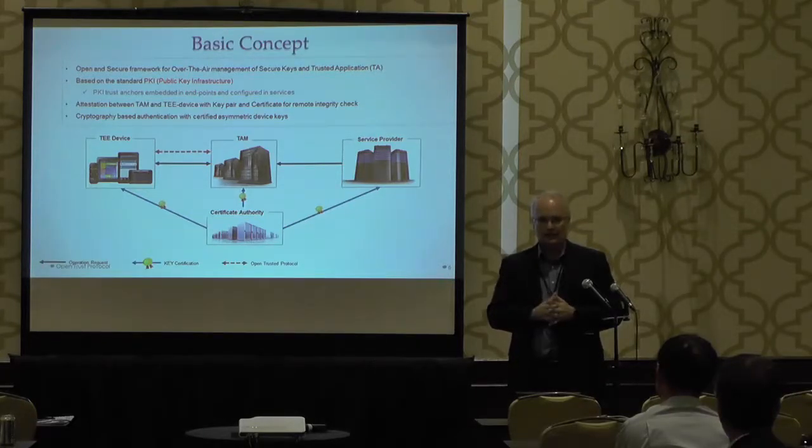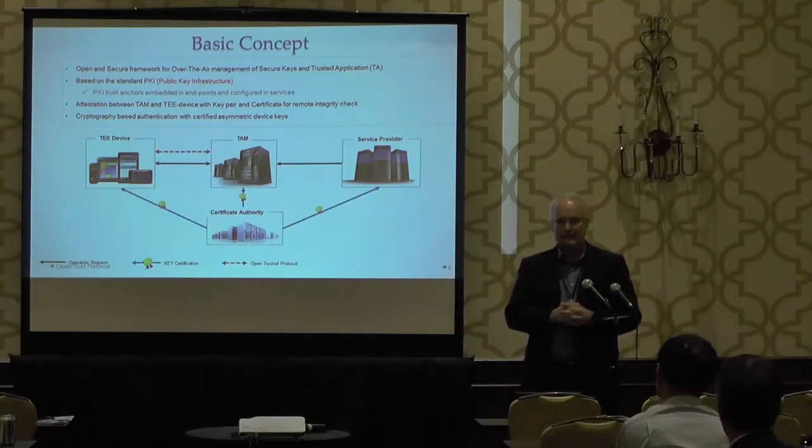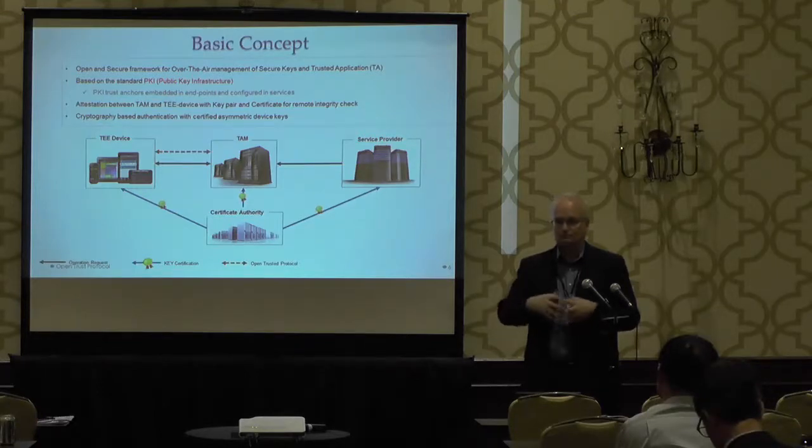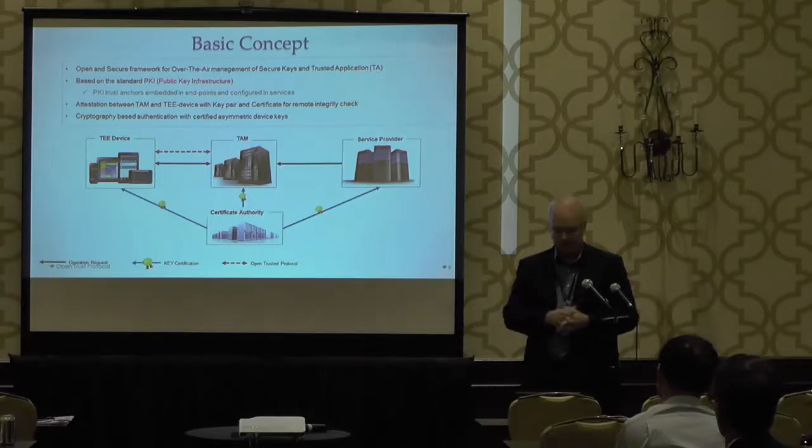Attestation takes place between the TEE and the trusted application manager, using key pairs and certificates to remotely control the integrity of the applications that the TAM is talking to. But a TEE device can be provisioned to recognize several TAMs. Right now, we don't have a hierarchy between TAMs within the protocol. Maybe later down the road, we'll define hierarchies between TAMs. We'll have to see that.